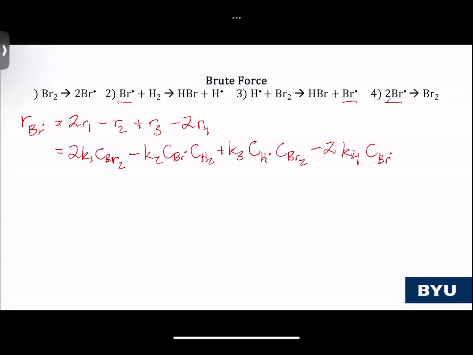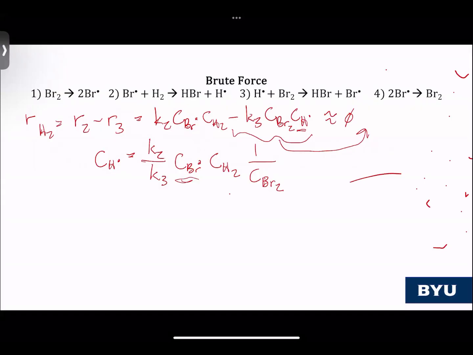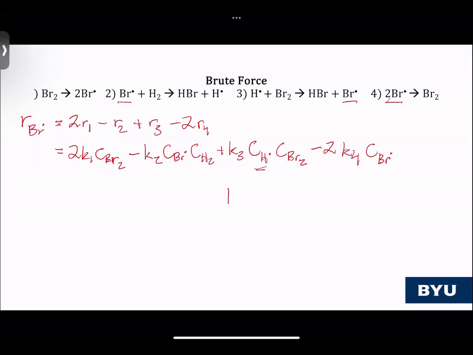Okay, so I've got the C bromine. I know what my C hydrogen is, right? That I have on this previous slide. So I'll plug that in here. So I'll get a K3 times K2 over K3.